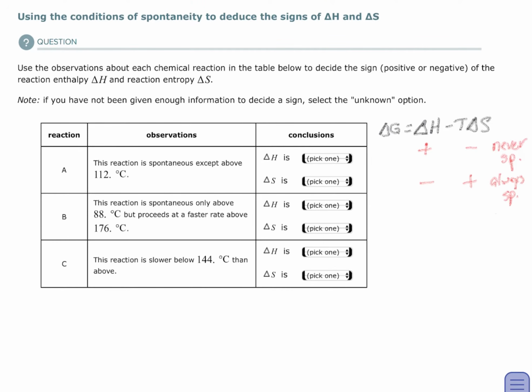If delta G is negative, then it will always be spontaneous. So if you have a situation where it's always spontaneous, then this is the configuration you're going to put: the enthalpy is negative, and the entropy is positive. Those are the two that I would consider easy, because there's no other way to make G something else.